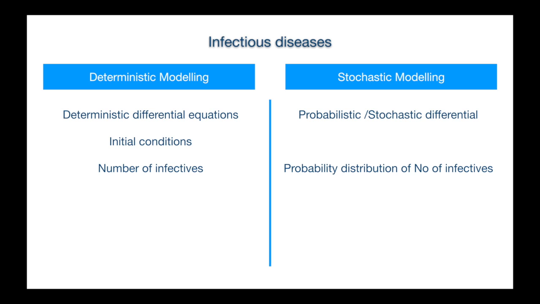Whereas in the stochastic setting, one would be happy with the answer that there's a 95% probability that the number of infectives would be between 5 and 15. Usually, people would like to know just some summary measure of the distribution, say the expected number of infectives over a certain time period, or a percentile.